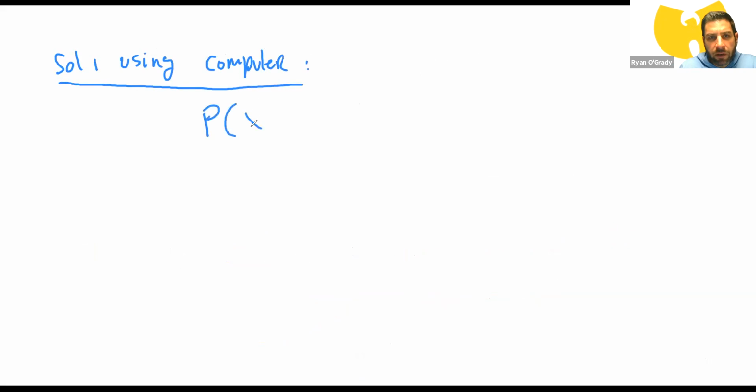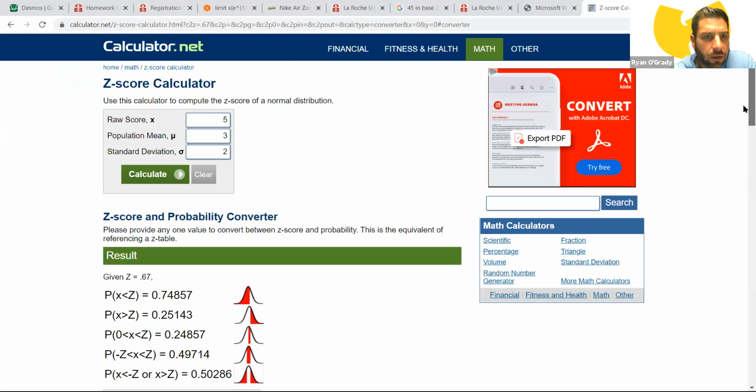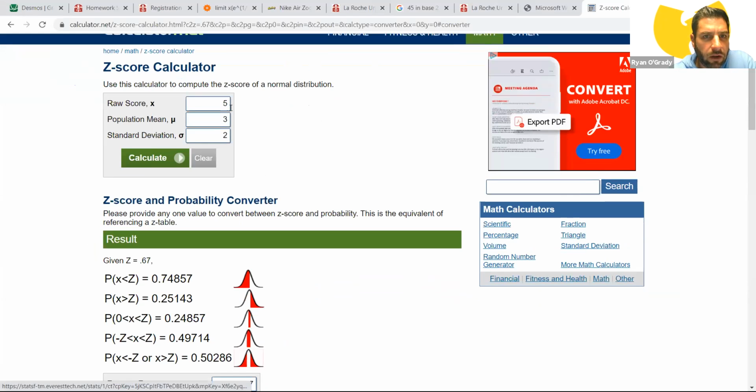The probability that x is less than or equal to 32. So I'll go back to the calculator. Now, if you look up, you'll see that there's a calculator up here. If you give it the x, mu, and sigma, our raw score, we wanted to know 32, the mean was 28, and the standard deviation, I believe, was 5.